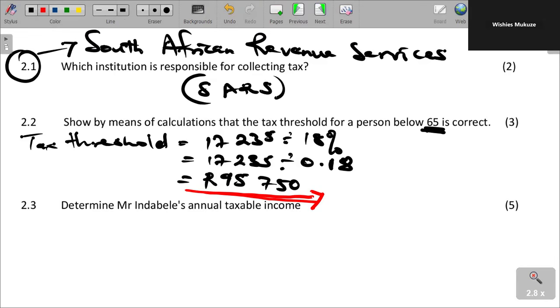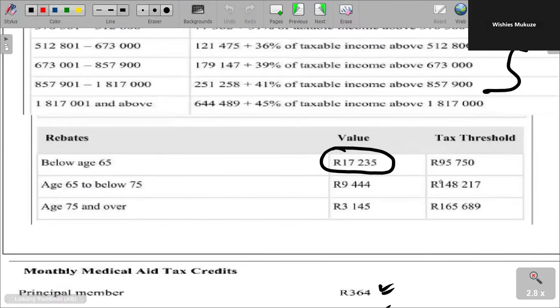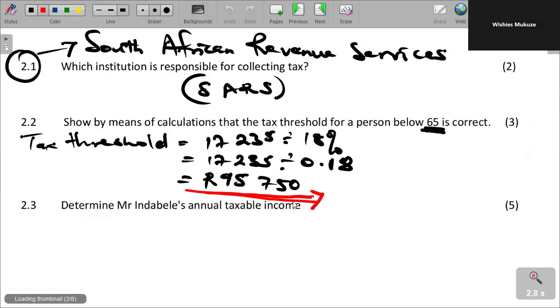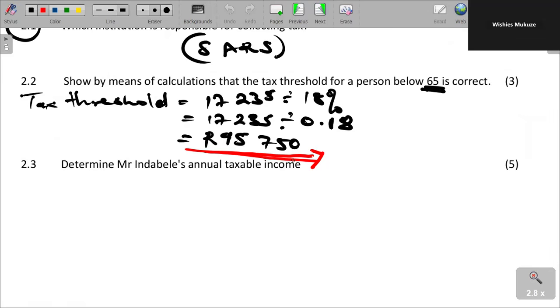When we go into our tax bracket, we are given that the tax threshold of a person below 65 is 95,750, which is given in this regard. So what it means is that it is correct.